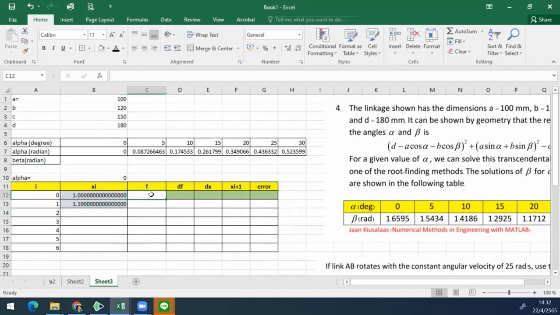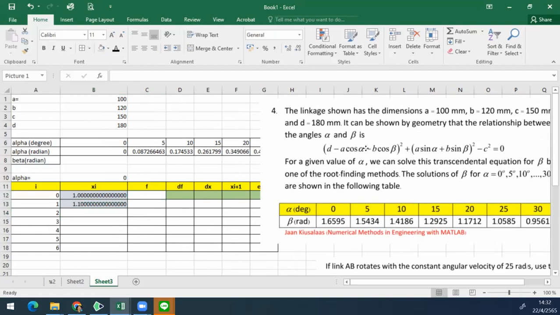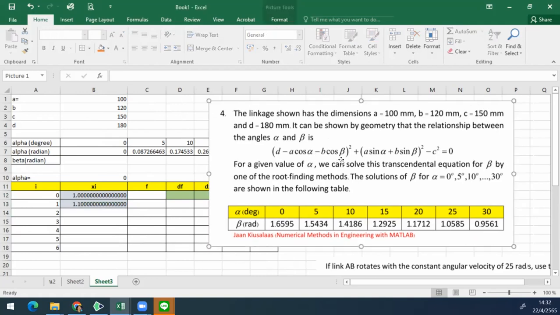Then for fx, we will use the constraint equation.